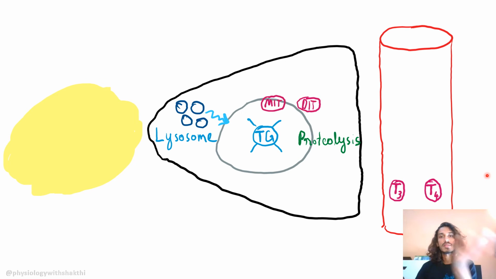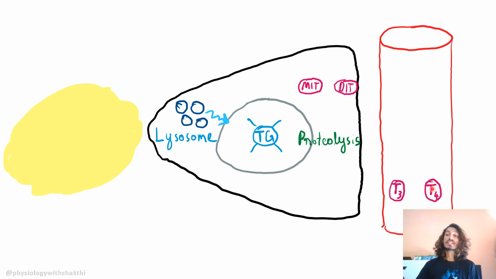MIT, DIT is also removed out. Once T3, T4 is in the circulation, it cannot directly go through the circulation like that. It needs something to bind to it.